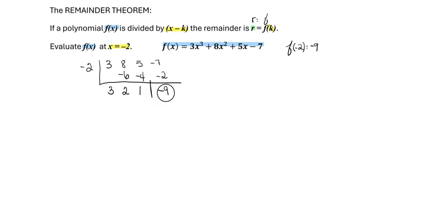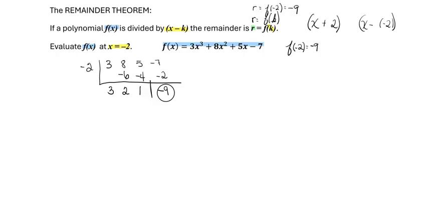So my r is f of whatever k is. So my remainder is f of, in this case, -2, which ends up being -9. My divisor would be x plus 2, because that is equivalent to saying x minus -2.